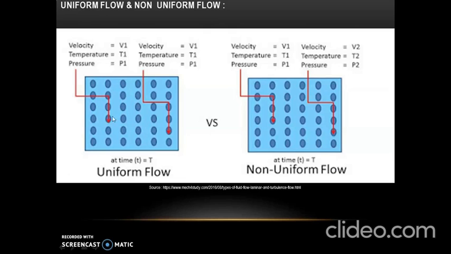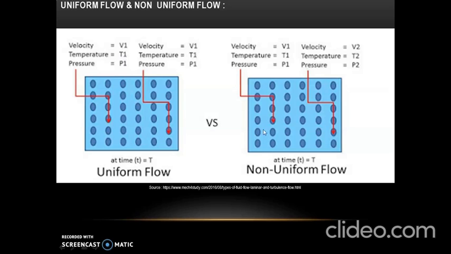And in this figure, let us consider location 1 and location 2. At both the locations, we observe that velocity, temperature and pressure are the same, that is V1, T1 and P1 at location 1 is equal to V1, T1, P1 at location 2.